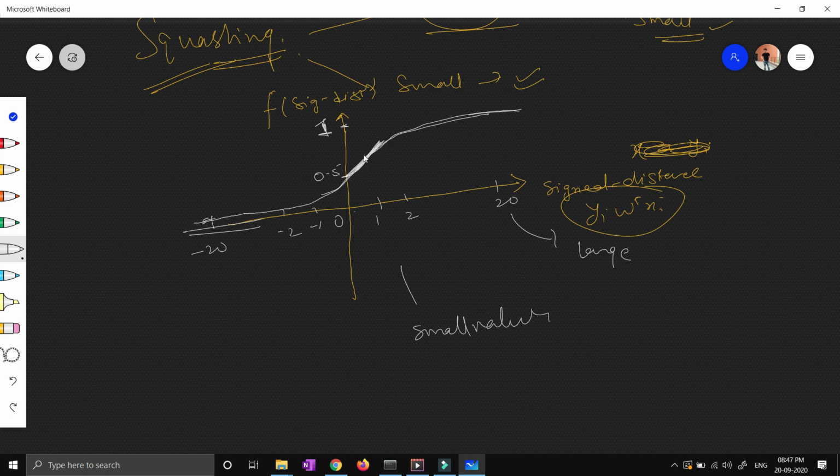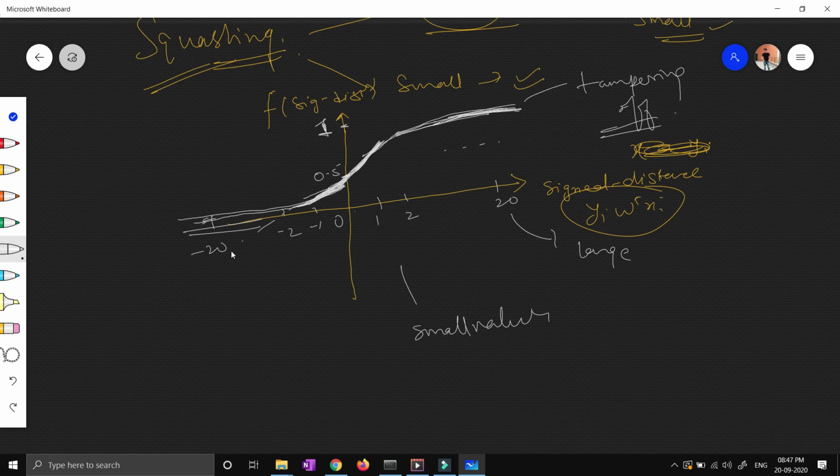And if the value of signed distance is going higher, then we are tempering it. We are just tempering it to 1, adding a capping over it, so we are tempering off. Similarly over here, for a smaller value of signed distance it is linear, and then we are tempering off.